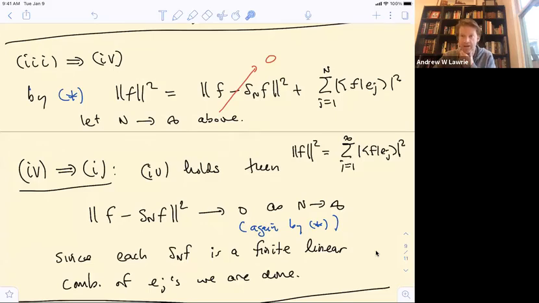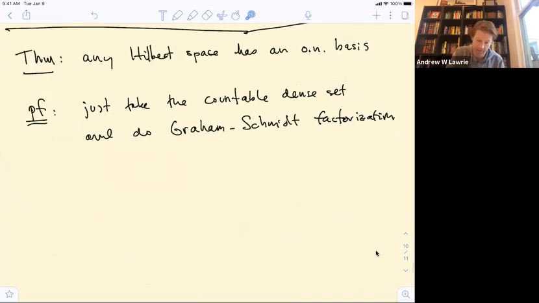So I think we're avoiding it by being careful about what we mean by f equals this.